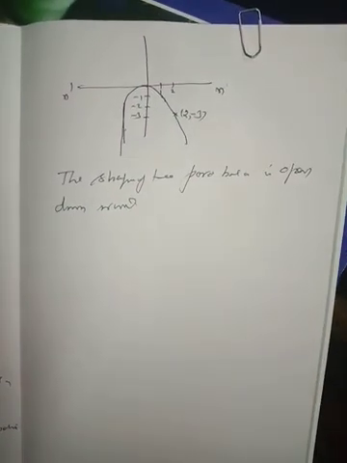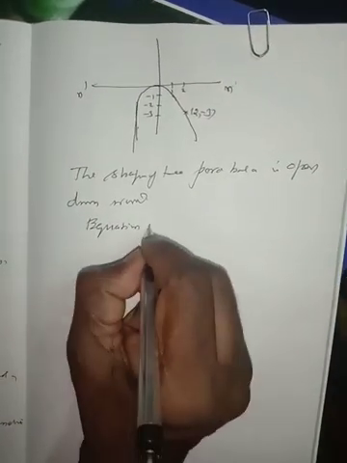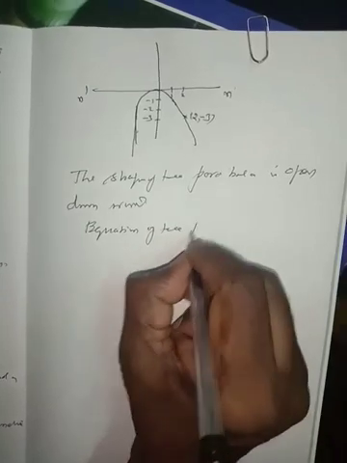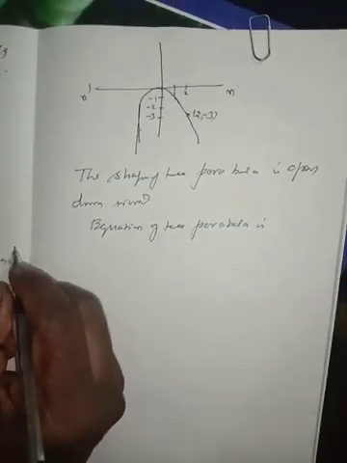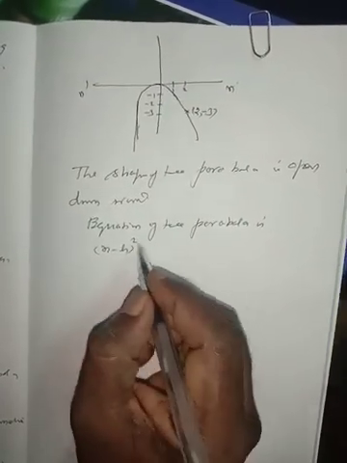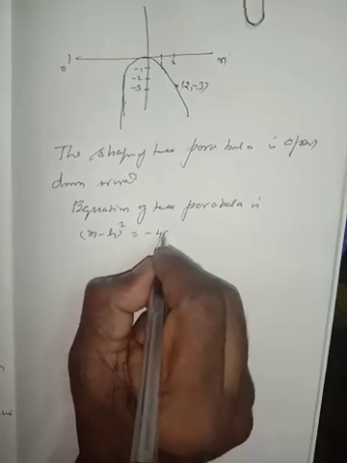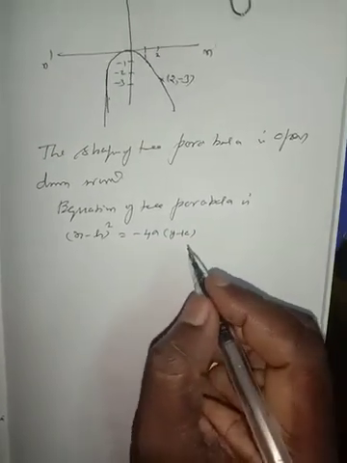The general equation is (x minus h) whole square is equal to minus 4a into (y minus k).